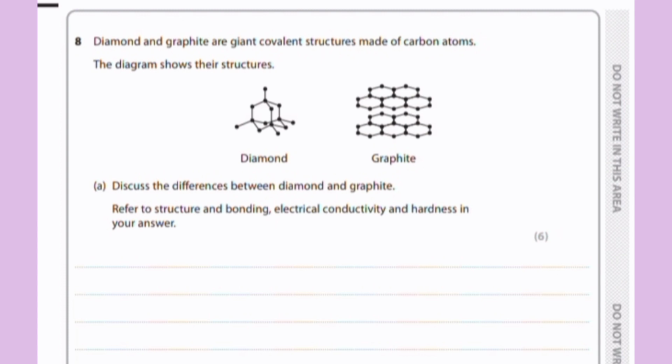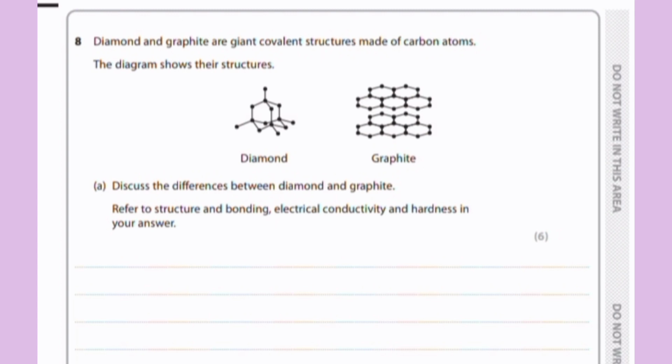Firstly, let's discuss their structure and bonding and how their structure and bonding contributes to their hardness and electrical conductivity. In diamond, each carbon atom is bonded to 4 other carbon atoms, which forms a giant tetrahedral structure. Therefore, diamond is very hard, and since there are no free electrons in a diamond, it cannot conduct electricity.